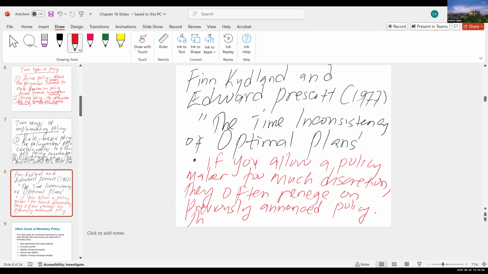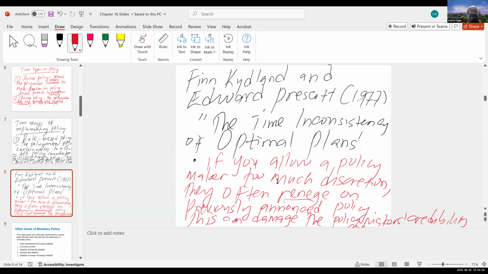This can damage the policymaker's credibility. I'm going to give you examples here. When I say renege, it basically means they will change policy, they change their position from what they told us before.